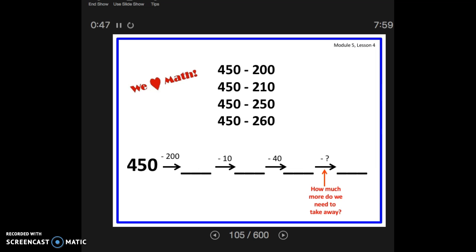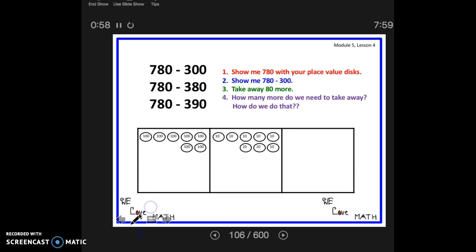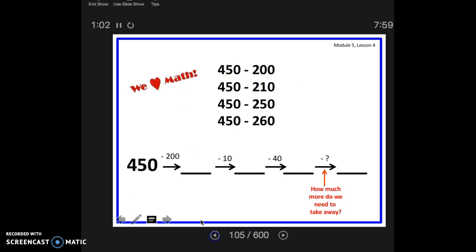Okay, the first thing I want you to do is just write this problem: 450 minus 200. We're going to solve that the arrow way. So if you remember, we start with the number 450, and we just subtract 200, right?